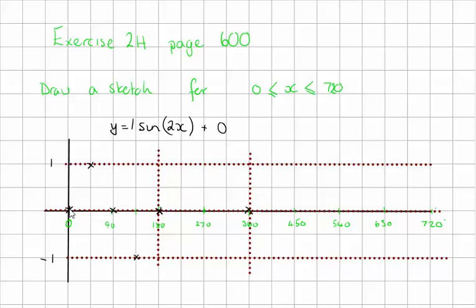So my first little wave will happen like that, and then it will continue to happen. And after 360, the same thing happens again. So max, 0, min, I can put them all in for the remainder.